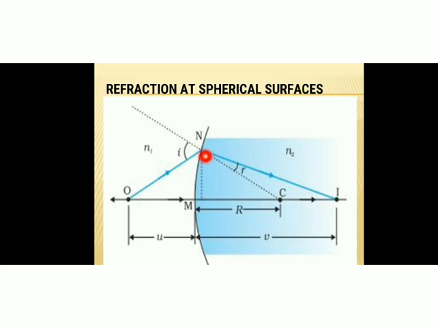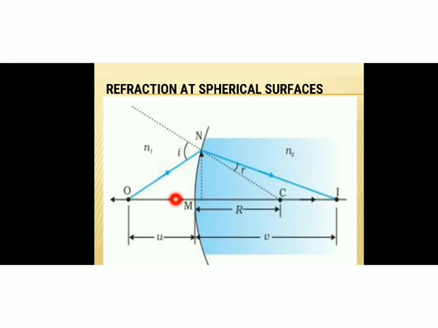So here the light ray from the object O enters from the medium of refractive index N1 to the second medium of refractive index N2 and undergoes a deviation towards the normal. This angle, between the normal and the incident ray, is our angle of incidence, and this angle, between the refracted ray and the normal, is our angle of refraction.